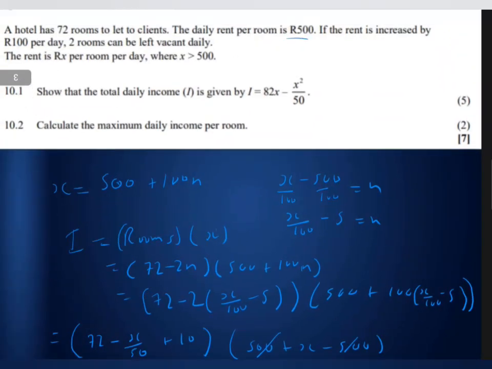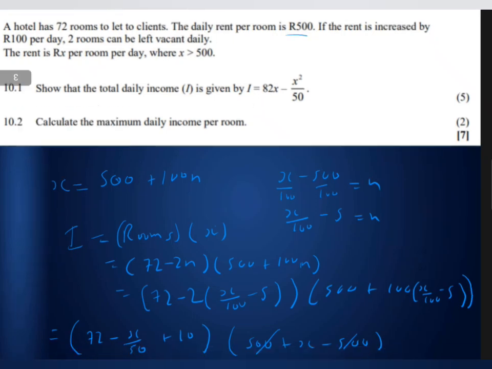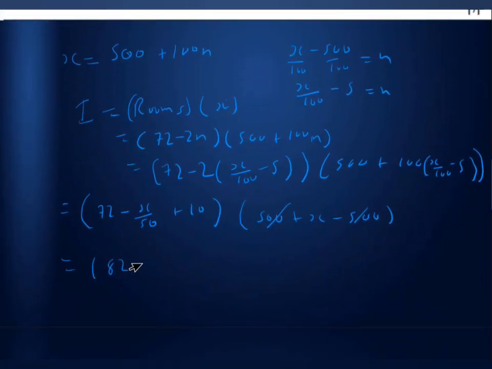The nice thing is that we saw 82, so we know we're moving in the right track. So this is going to be X over 50, and then this is going to be literally X. We're left with X only. So when we distribute, we are finally left with 82X minus X squared over 50. And there we have it.